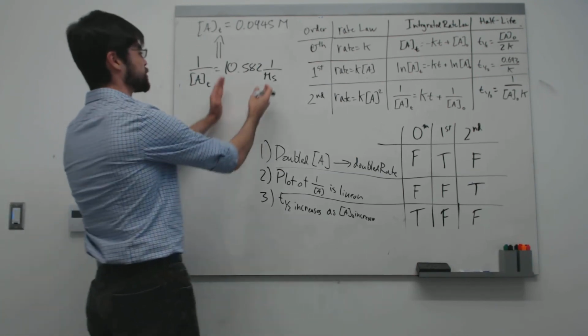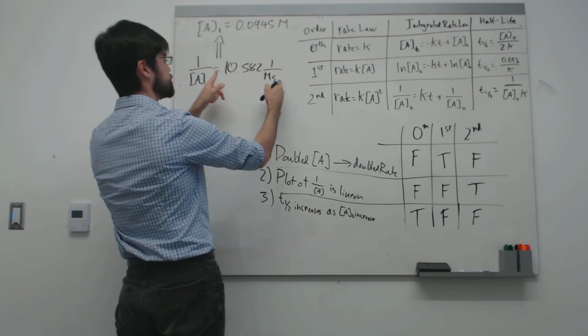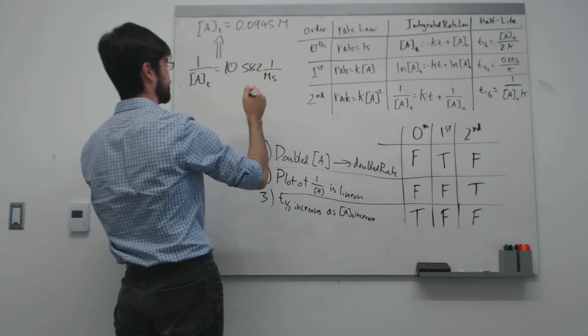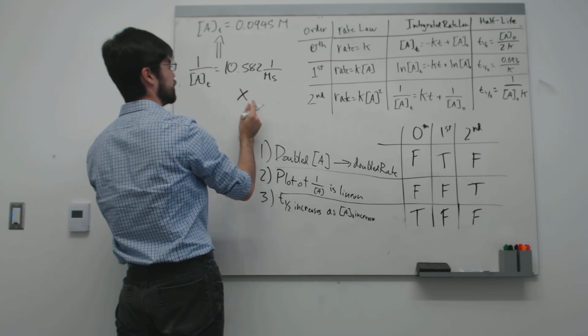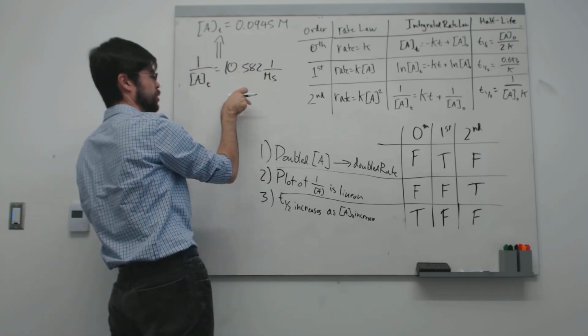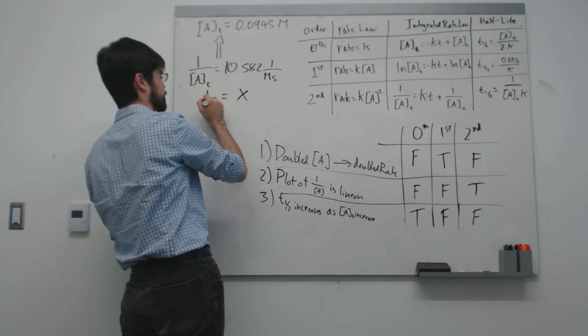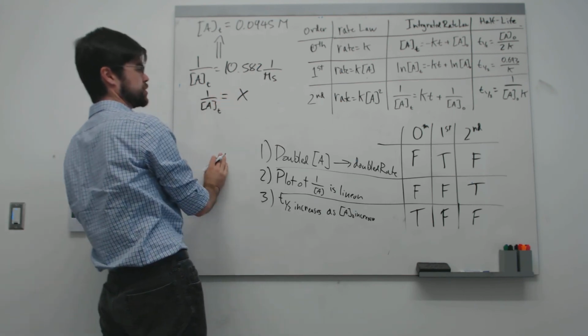The algebra is, there are numbers and units here. This represents one thing. I'll call it X. Together, this is just one thing. Yes, there are units ascribed to it, but it's still one quantity, which I'll just call X. And its value should be equal to 1 over the concentration.